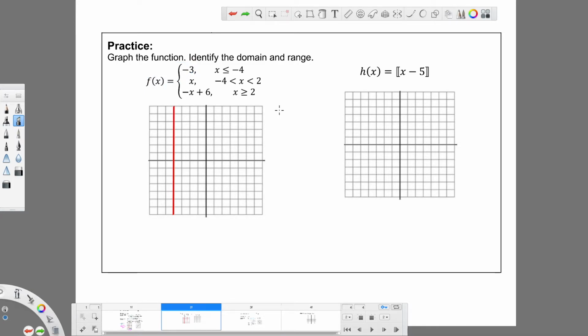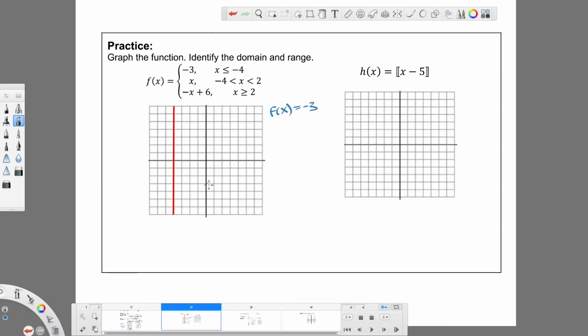So f of x equals -3. So this is just a point. Y equals -3, if we can look at it that way. This is just quite literally a number that we would plug in. And we would just put a point on -3. Let's see, 1, 2, 3, sorry, oh, what am I doing? -3, 1, 2, 3.